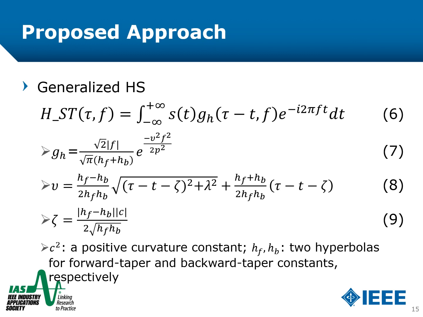In these equations, c squared is a positive curvature constant. HF and HB are two hyperbolas for forward taper and backward taper constants, respectively.